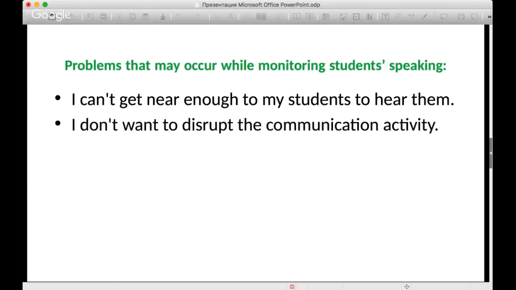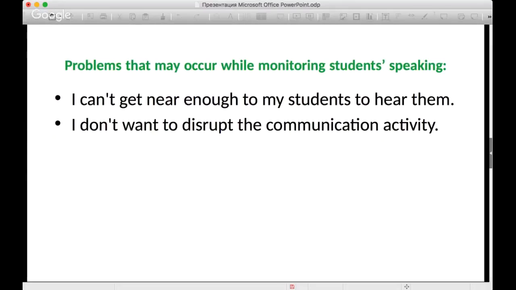This problem goes together with the fact that teachers don't want to disrupt the communication activity. To solve this problem, if you have a lot of students in a not very big classroom, the easiest way out is to regroup them all the time, so that they change their partners and their places, and you are able to hear different students.